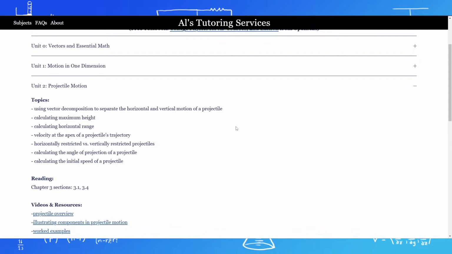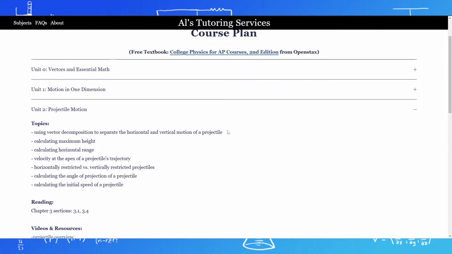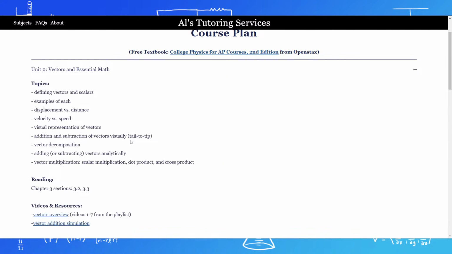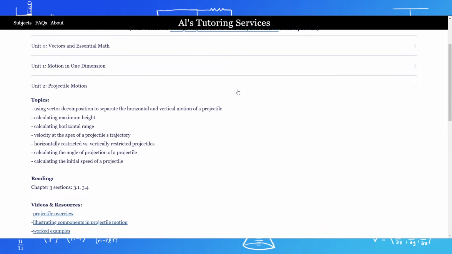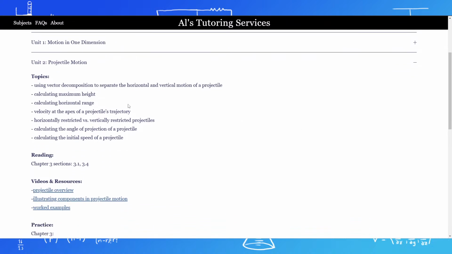So if you feel rusty on that because it's been too long, go back to Unit 0 and rewatch what I did on that, or practice the material available for that topic, because we're going back to that. Pythagorean theorem, sines and cosines, this is going to be the rest of AP Physics, basically.